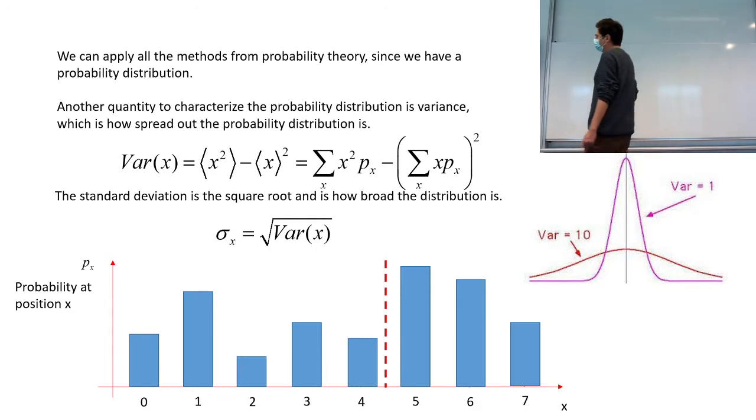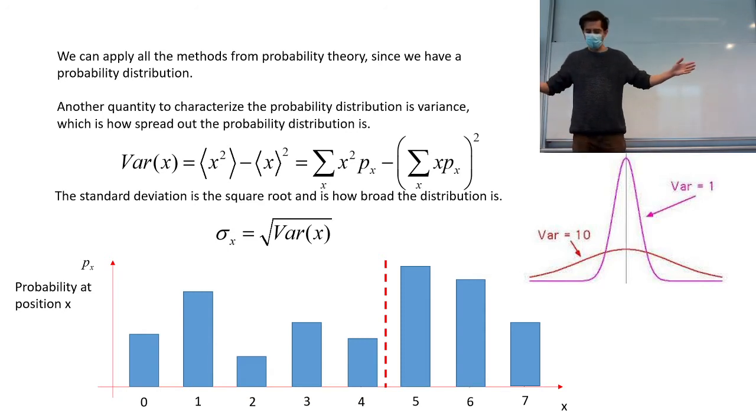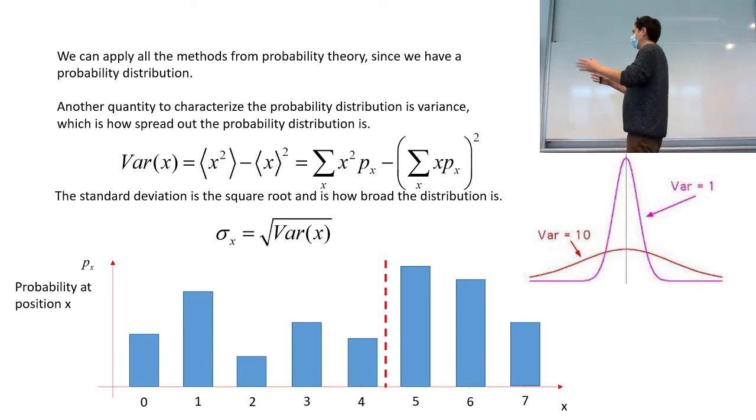Another kind of quantity that you could equally talk about is the variance of the position in this case. So that, of course, tells you how wide this distribution here is. Right? So variance is a measure of how wide it is.